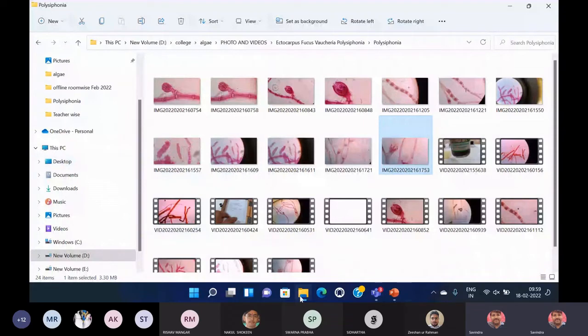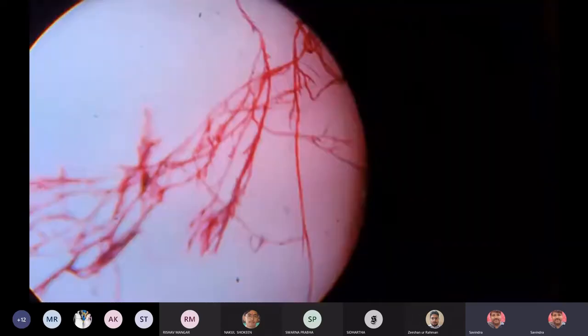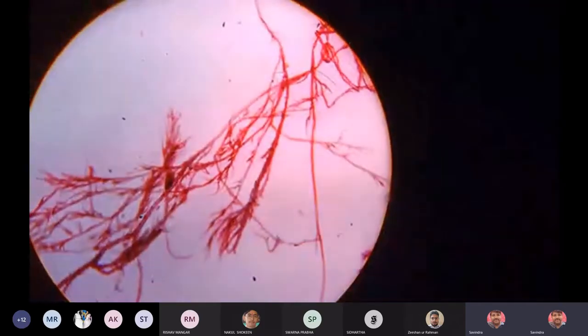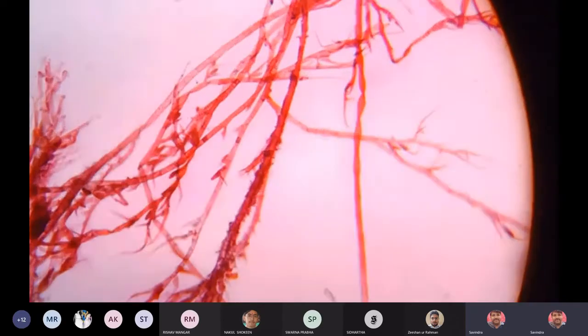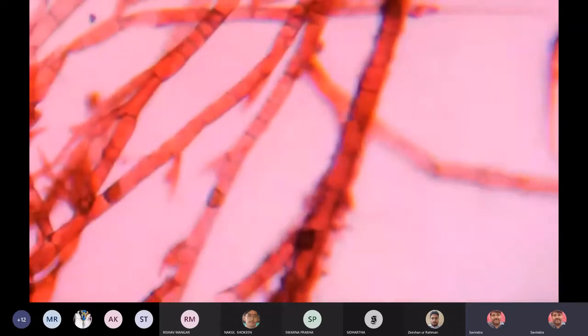But if you are getting confused whether it's ectocarpus or polysiphonia, make it a thumb rule. Try to focus on a single filament. If it is made up of only one thick cell, it is ectocarpus. If there are many polytube-like structure, it is polysiphonia.